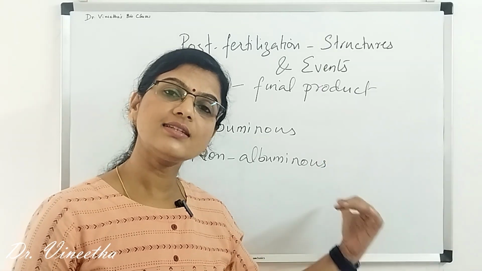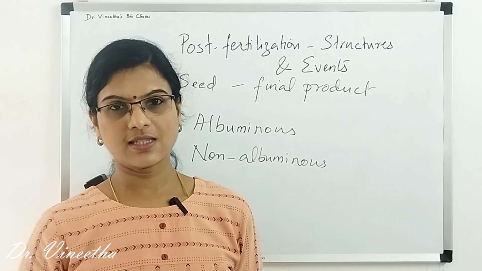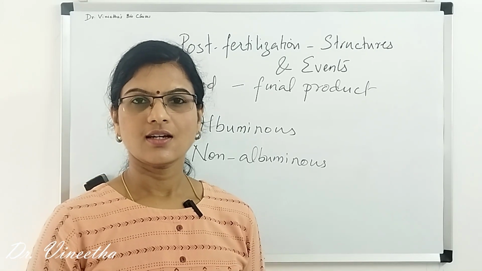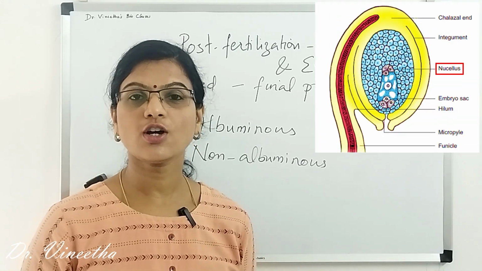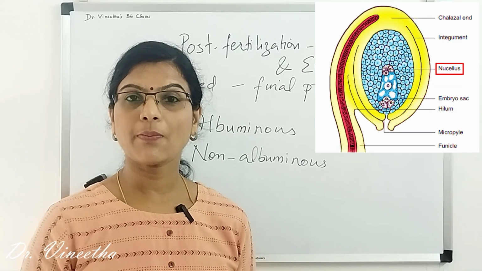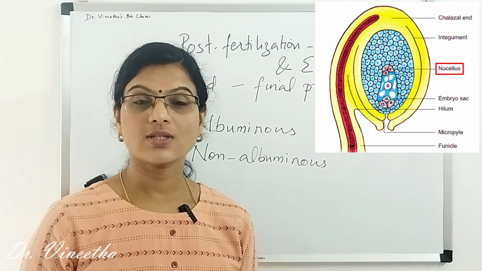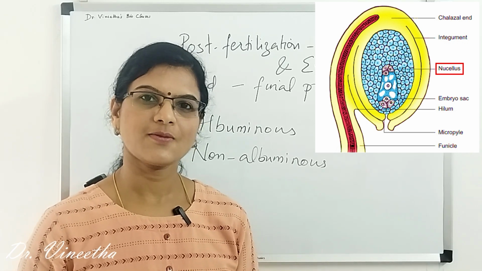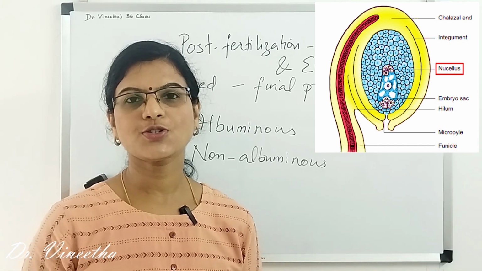Other than these two types of seeds, there is another type of seed which has the nucellus in it. Remember what is meant by nucellus? In the structure of the ovule, we had seen the nucellus which covers the embryo sac and has the food reserves, destined to give nourishment to the ovule.